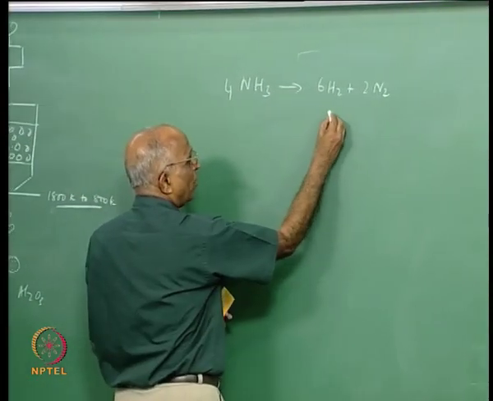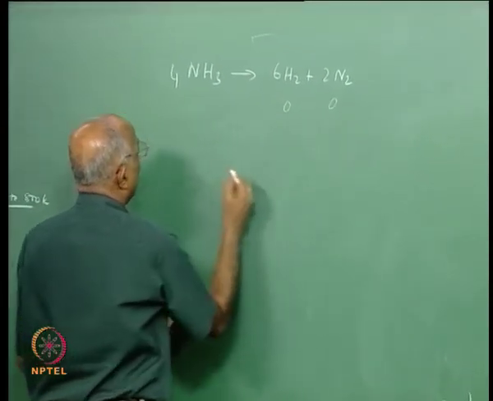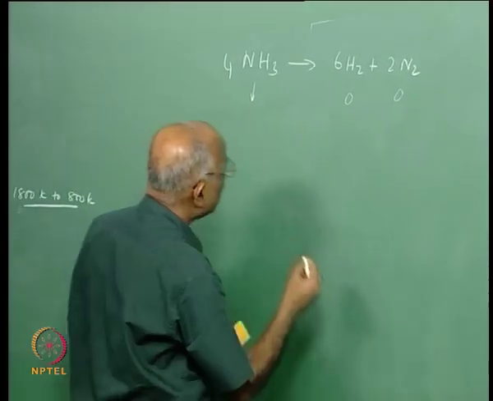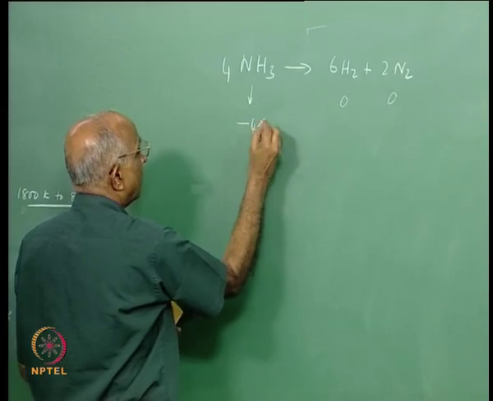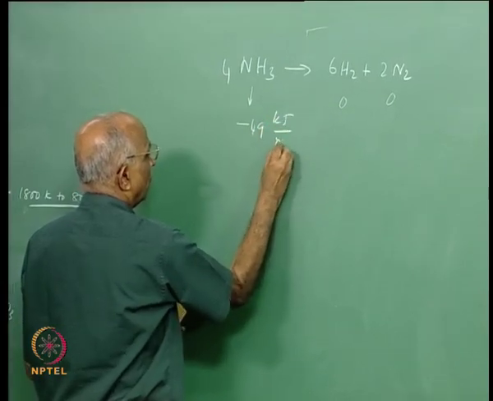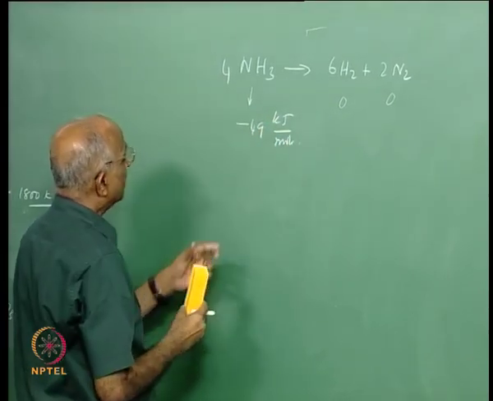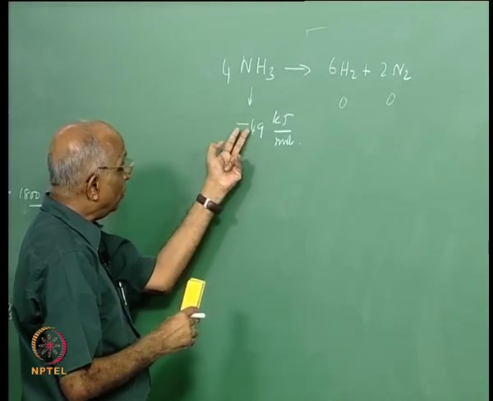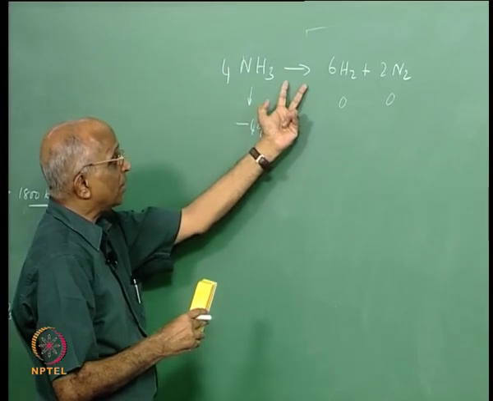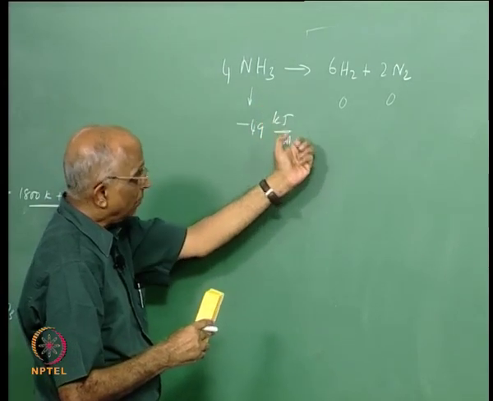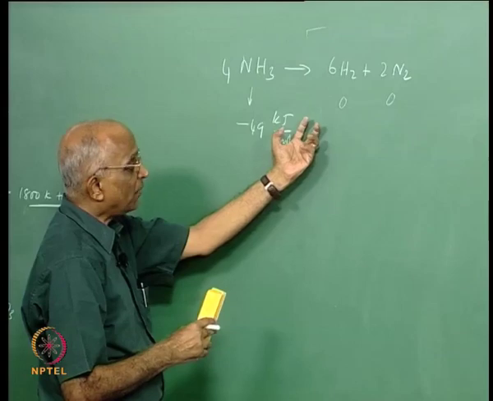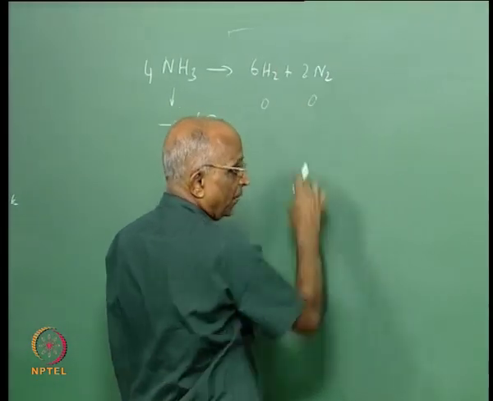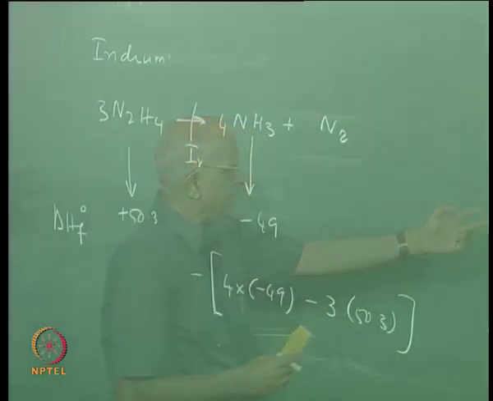You find that the heat of formation of hydrogen is 0, nitrogen is 0, and ammonia has a heat of formation, we said something like minus 49 kilojoules per mole. Therefore you find that this particular reaction, minus of minus, again we have 2 minuses here, becomes endothermic, and therefore it absorbs heat from the reaction, and this decomposition will rob heat from the particular reaction.